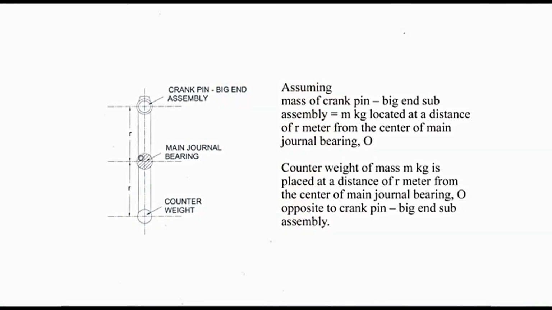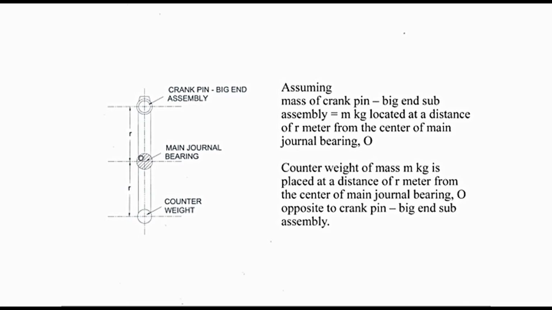This force can be balanced by putting an equal mass opposite to the crank pin. Looking at the diagram, assume the mass of the crank pin big end subassembly is equal to m kilograms, located at a distance of r meter from the center of main journal bearing O. A counterweight of mass m kilogram is placed at a distance of r meter from the center of main journal bearing O, opposite to the crank pin big end subassembly as shown.